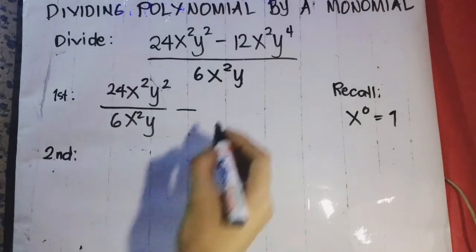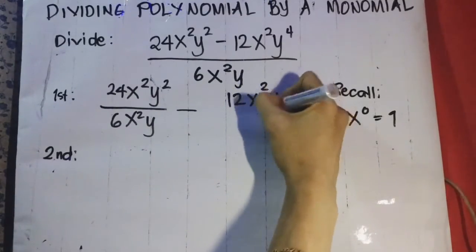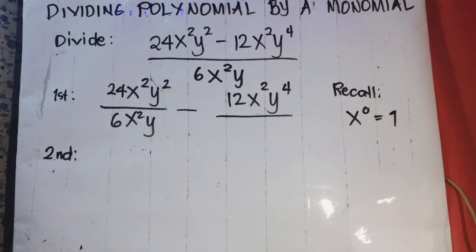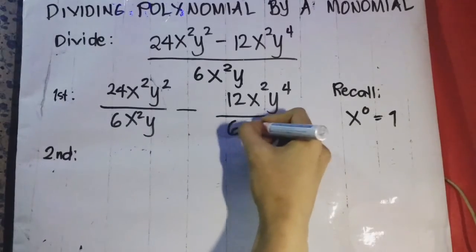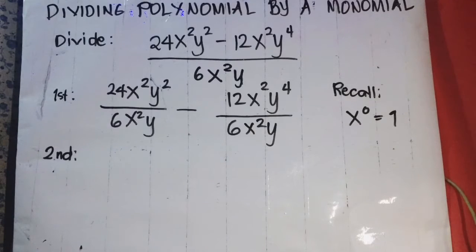And the second term that we have is 12x squared y to the power of 4 over, what is our denominator again? Okay, very good. That is 6x squared y. After, we proceed to the second step, which is to simplify each term.